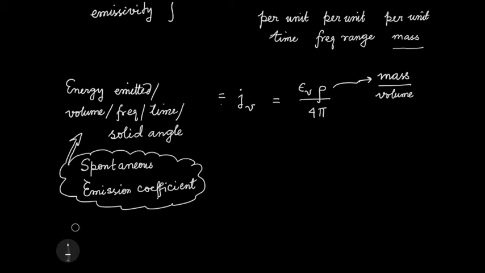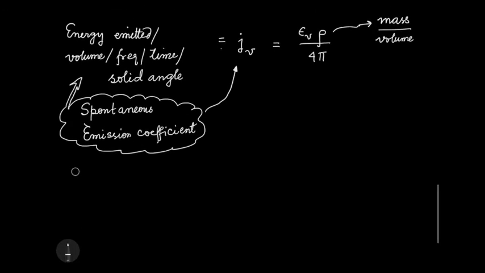So what is its definition? Its definition is energy emitted by these atomic emitters per unit volume, per unit frequency range, per unit time, per unit solid angle. So that is shorthand written as J nu, but it's the spontaneous emission coefficient.